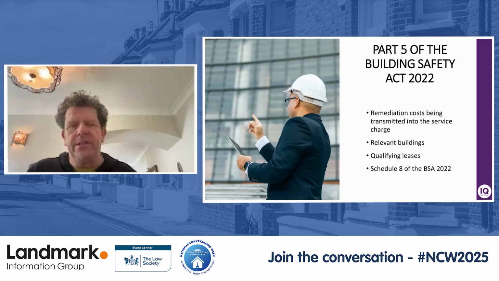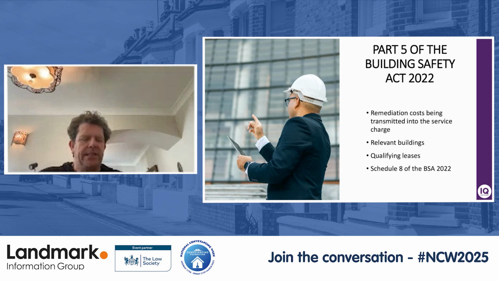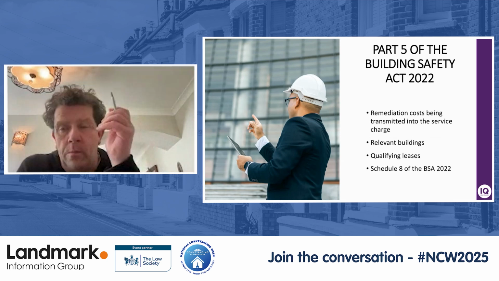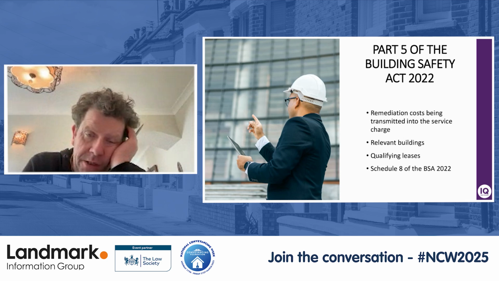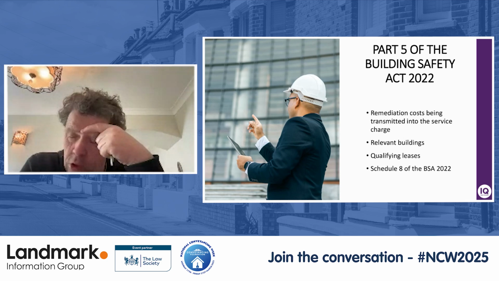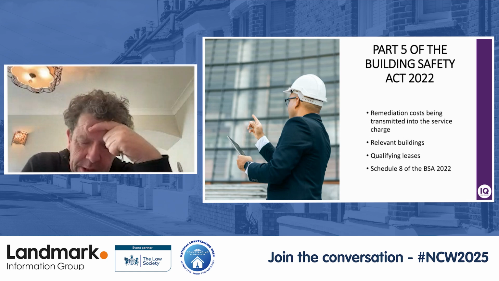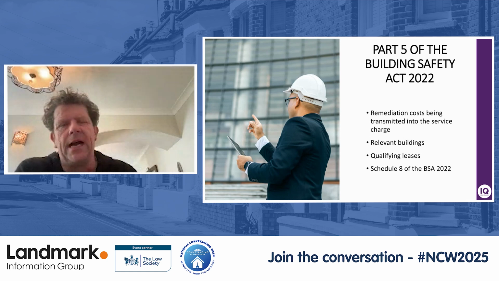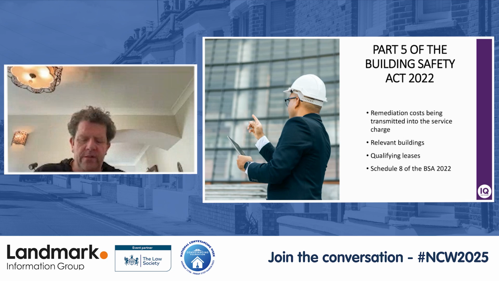Part 5 of the Act deals with relevant buildings. Remember, a relevant building is more than 5 stories in height and or more than 11 metres in height, containing at least 2 residential dwellings. You saw the Blomfield Road case where the First-tier Tribunal said the government guidance in calculating the number of stories for a higher risk building was wrong.